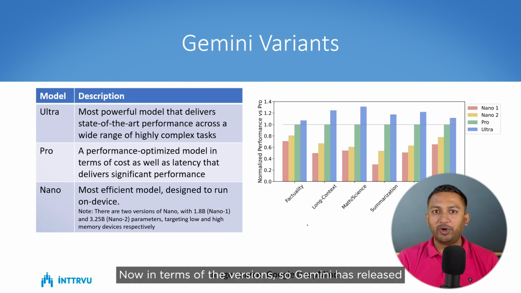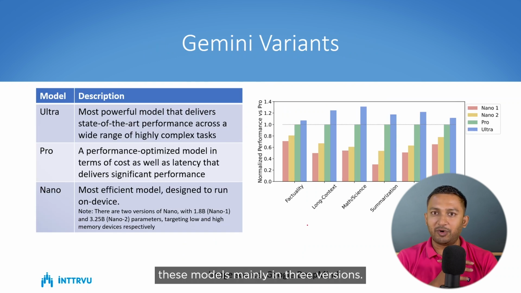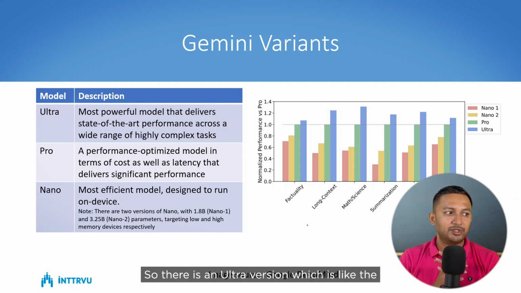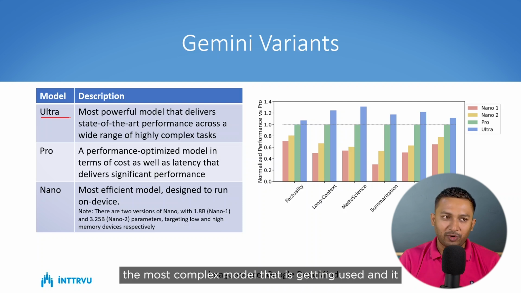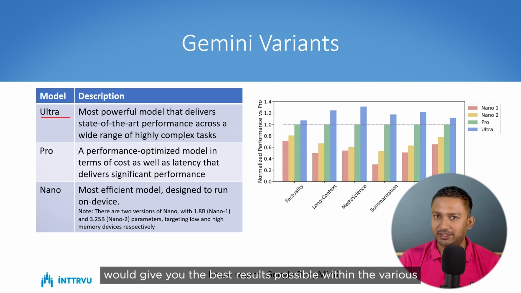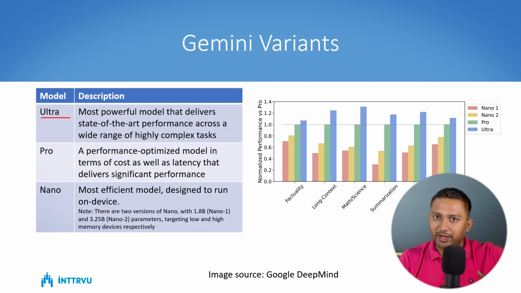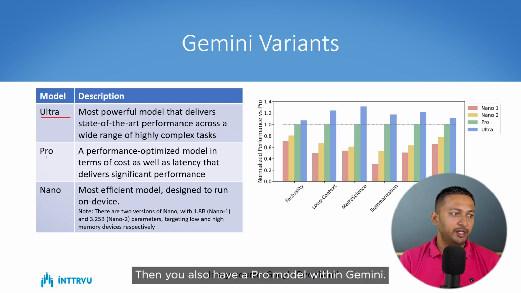Now in terms of the versions, Gemini has released these models mainly in 3 versions. There is an Ultra version, which is the most powerful version of the Gemini model, the most complex model, and it would give the best results possible within the various variants of the Gemini model. Then you also have a Pro model within Gemini.